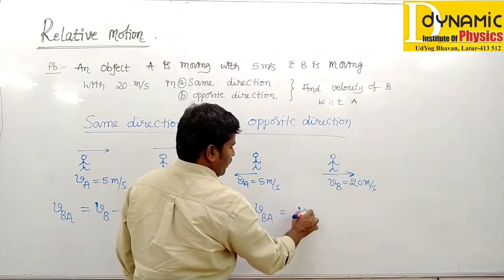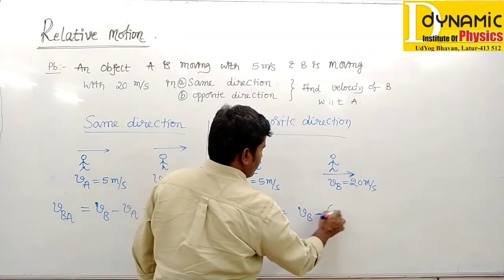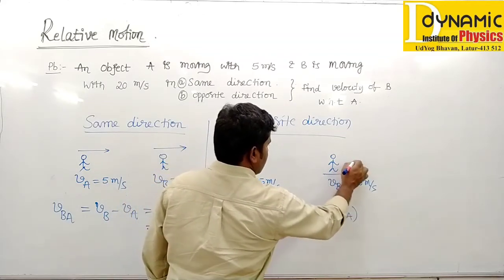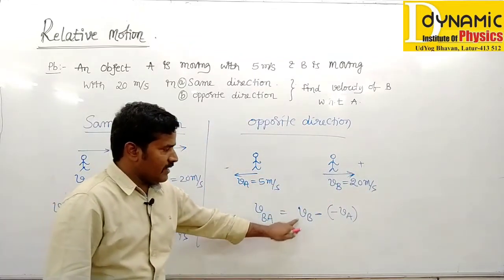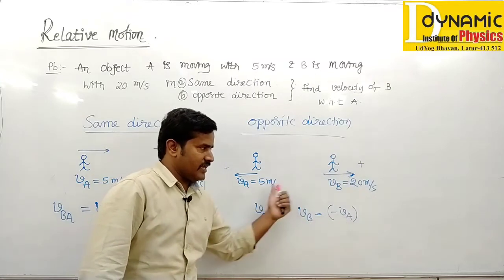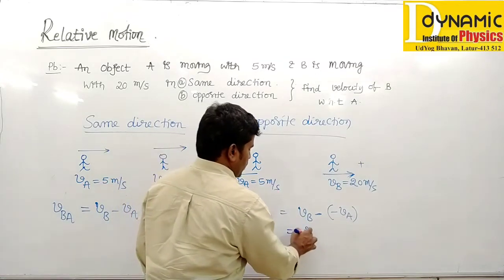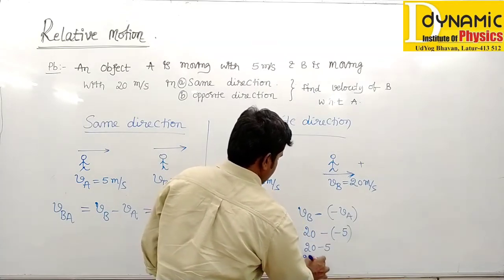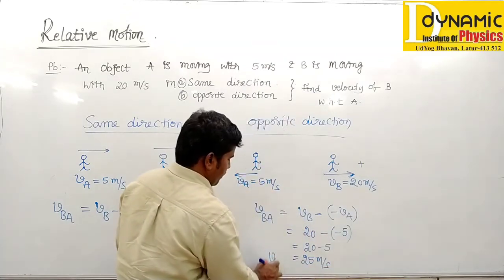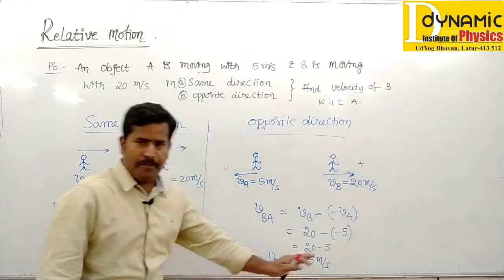That means Vb minus of minus Va, so Vb is written as 20 minus of minus 5, which is 25 meters per second. This is the velocity of B with respect to A in the opposite direction.